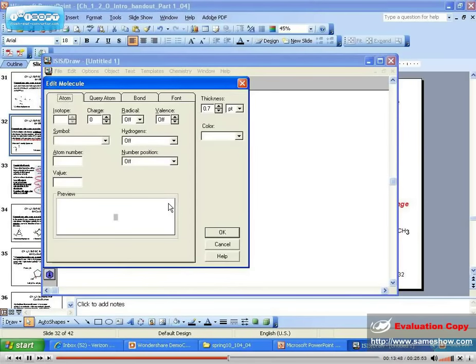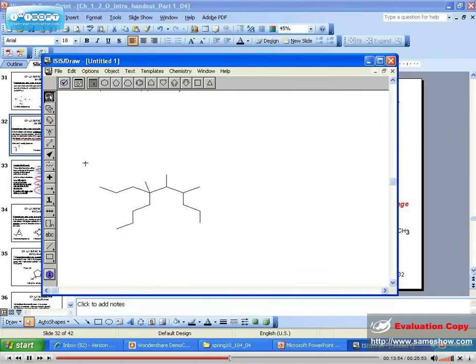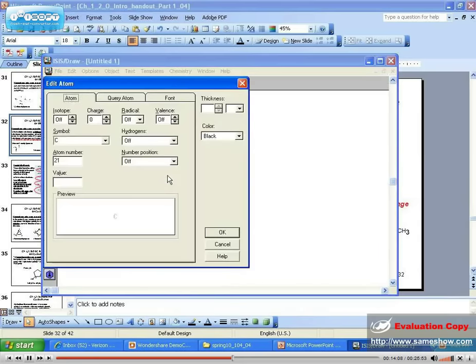So let me go ahead and auto-name it. And here we have a 4,5,6 trimethyl 6-propyldecane. Whoops. This one should have been a fluorine.